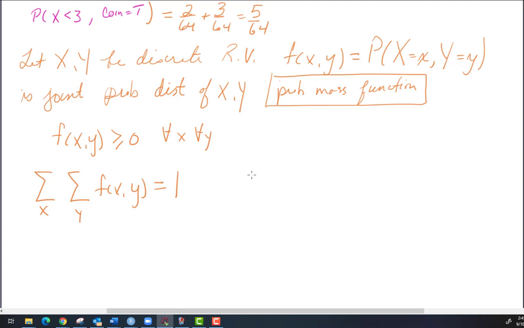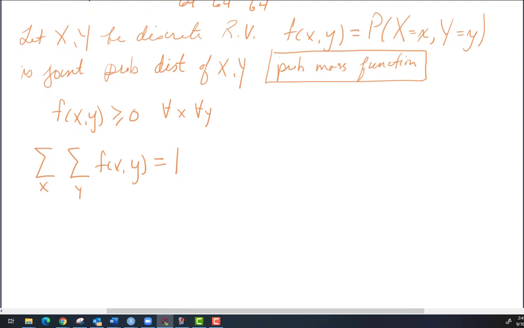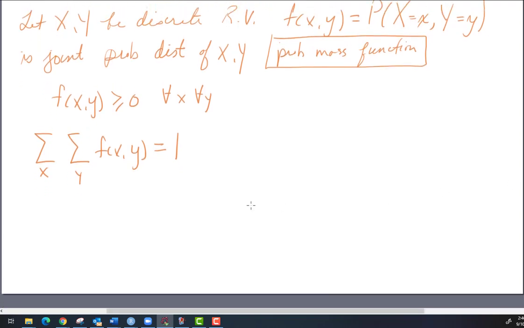We just saw that the probability mass function defined by that table for the coin and the die satisfied this property, and all the entries were positive. It satisfied this property as well. There are cases that are maybe just a tiny bit more challenging and therefore more interesting.